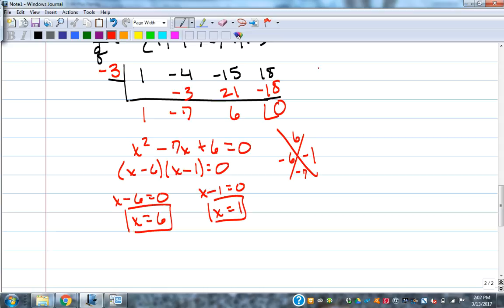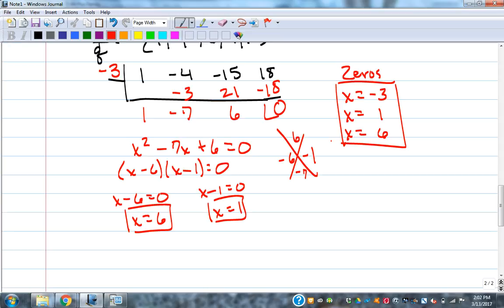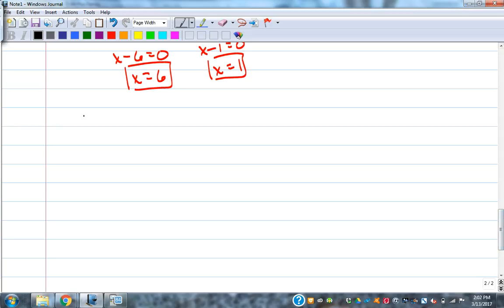So over here, I'm going to list my zeros. X equals -3, 1, 6. You could just put a comma between them if you want to, but I tend to not do that. Because I just don't. I don't know why I don't. It would be easy. All right.